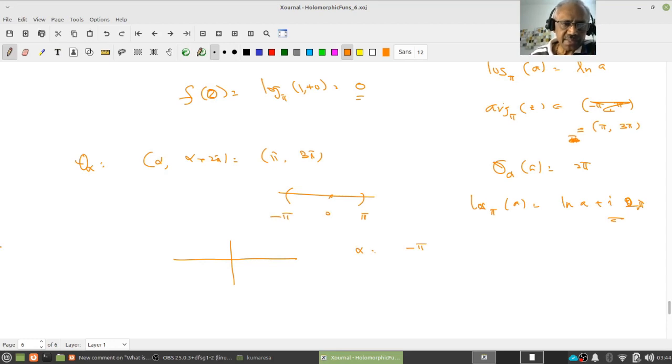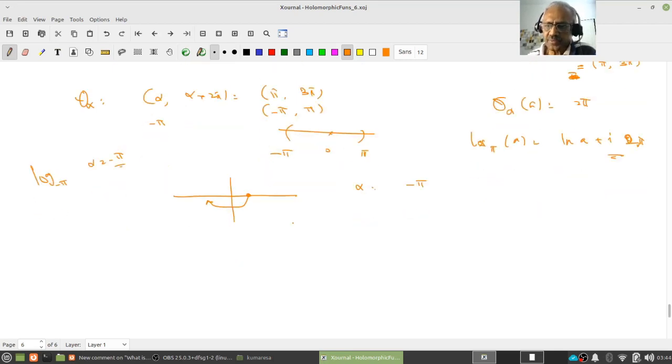So let us look at log minus pi, where alpha is minus pi. Therefore argument alpha will take values from alpha to alpha plus 2 pi. Earlier it was pi to 3 pi, but now if it is minus pi, it will take minus pi to plus pi, right? Therefore the only value will be 0 here.